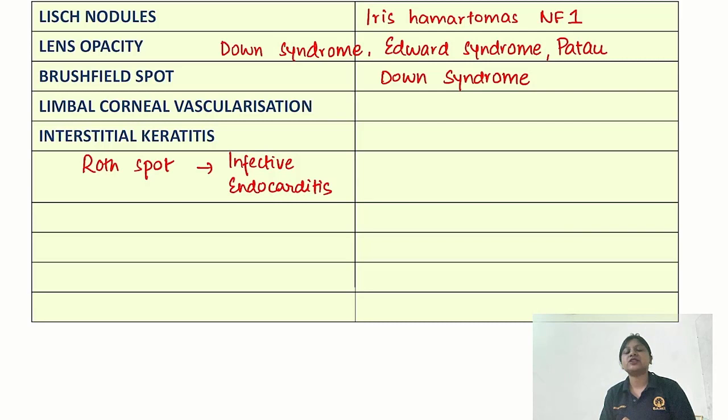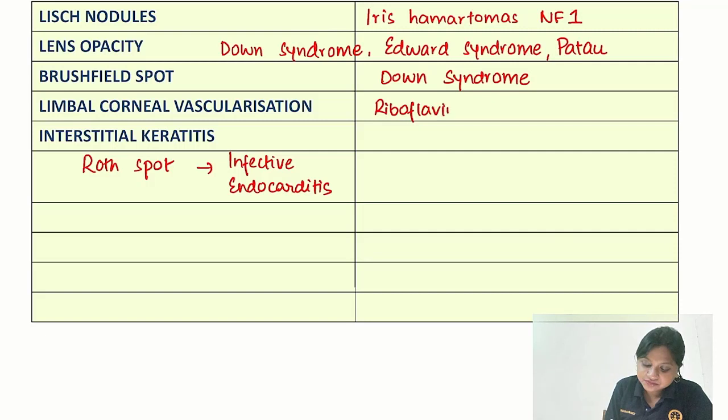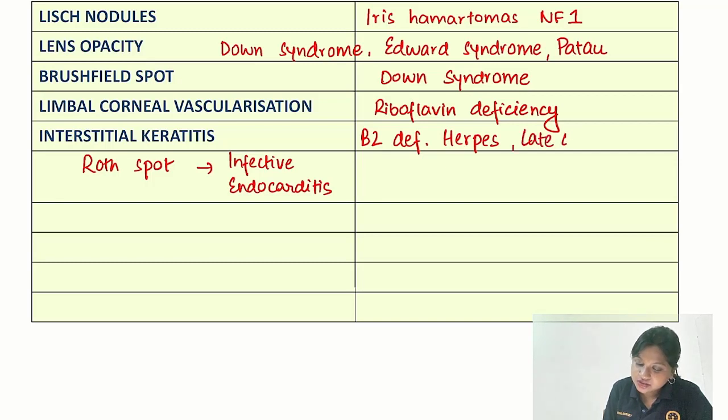Limbal corneal vascularization is a feature of riboflavin deficiency. Riboflavin is vitamin B2, whereas interstitial keratitis you can get in B2 deficiency or in herpes simplex virus infection or in late congenital syphilis.